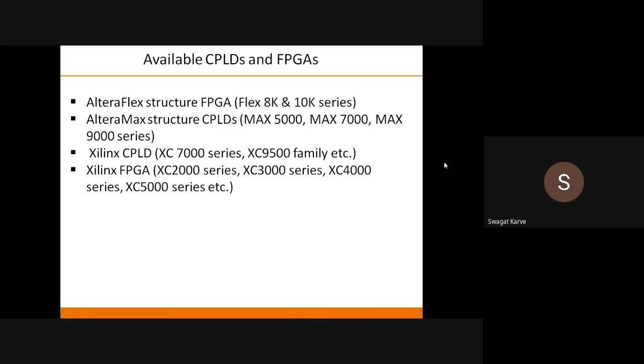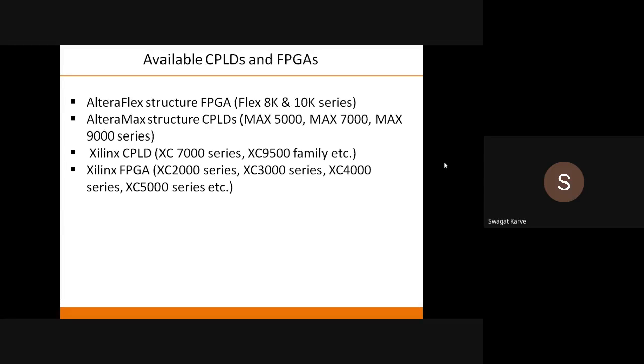The most popular and world recognized manufacturer is Altera. Altera is a company name, a very leading company in the manufacturing of FPGA and CPLD, as well as Xilinx, which is also a leading company. Xilinx also manufactures a range of CPLDs and a range of FPGAs.